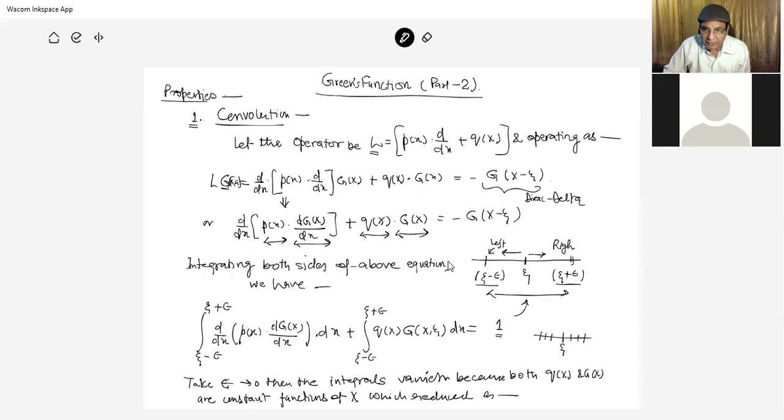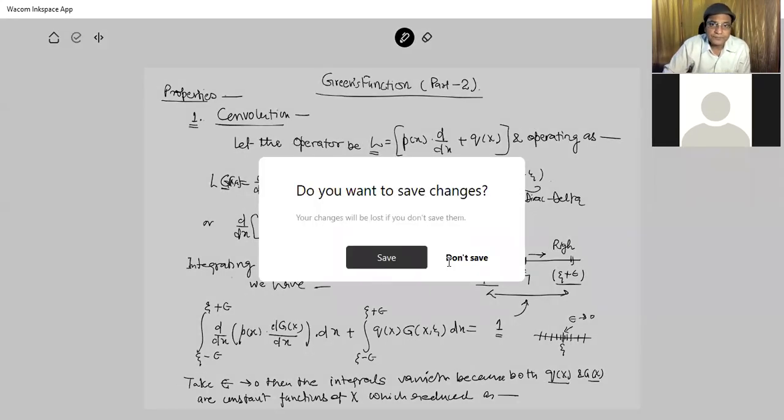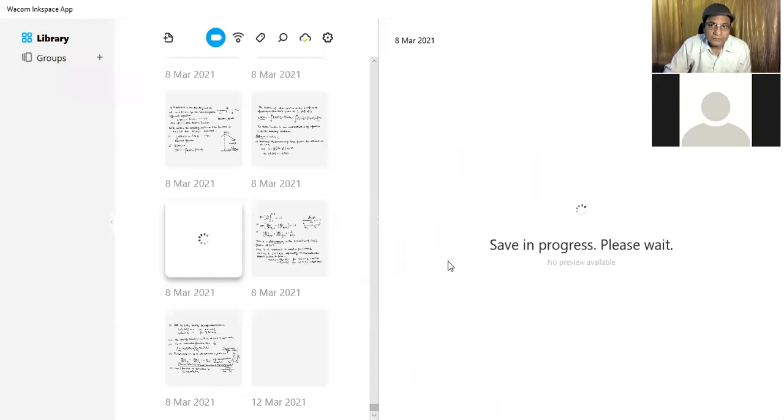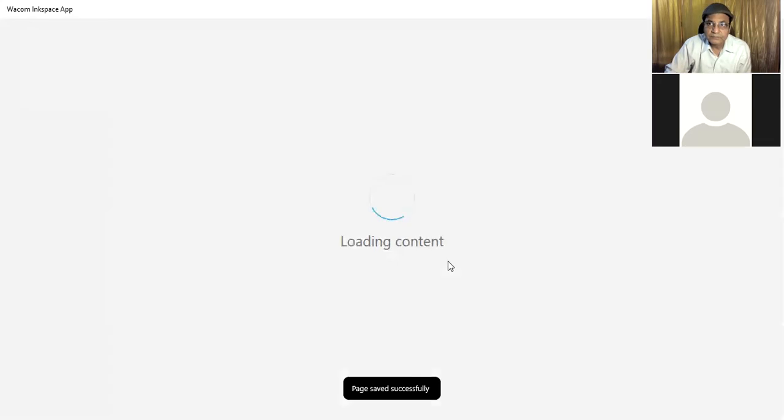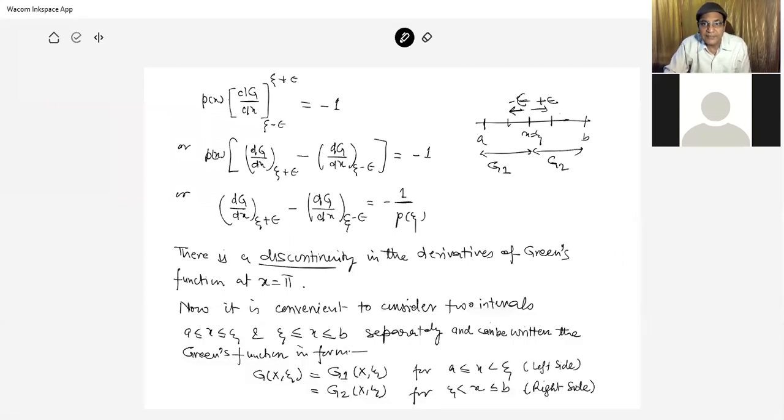So the interval is going to decrease, and when epsilon tends to 0, the interval will vanish and be converted into a point. Because both q(x) and G(x) are continuous functions of x, the integral reduces to the Dirac delta combination, and the other term is p(x) dG/dx evaluated between xi minus epsilon and xi plus epsilon, which is equal to -1.